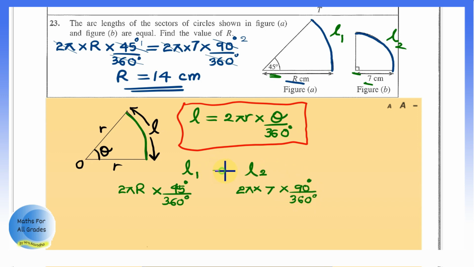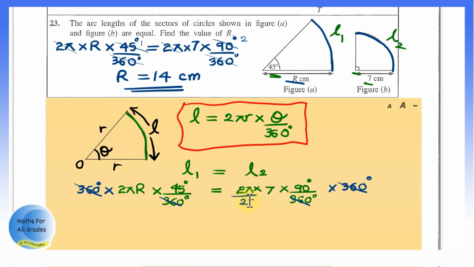Now these two lengths are equal. Now you have an equation, so you can cancel out common terms. I'm going to multiply both sides by 360 degrees. So what happens here? 360 degrees cancels out, and it's cancelling out on the right side too. And you can see the 2 pi term is common to both sides.